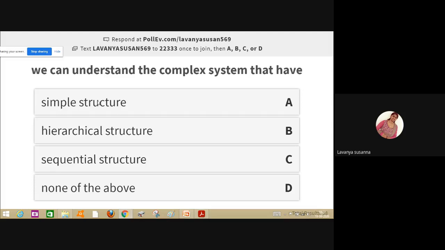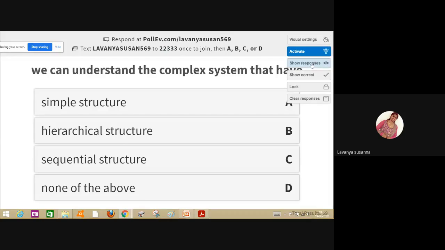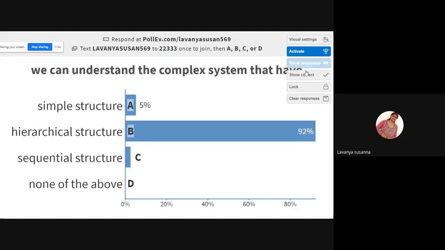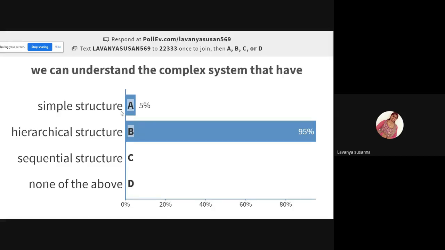Okay, stop responding. I'm displaying the result. 5% have answered simple structure. How can a complex system have a simple structure?